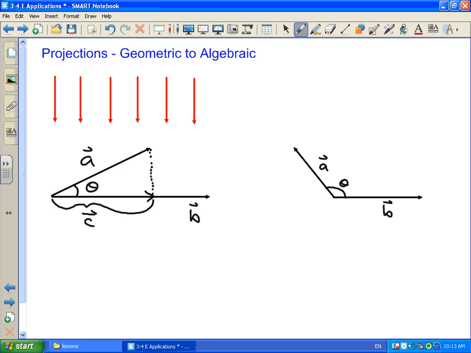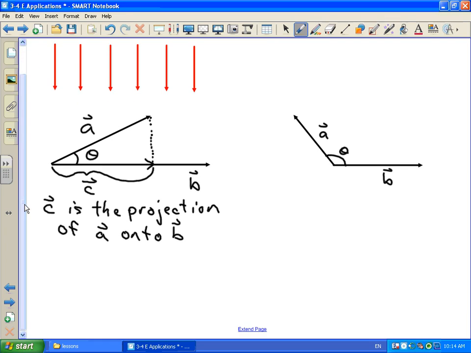We were going for the part of a that points in the same direction as this other vector b. So c is the projection of a onto b. Now, if c is a vector, how can we figure out the magnitude and direction of this vector? Looking at this information that we have right here.